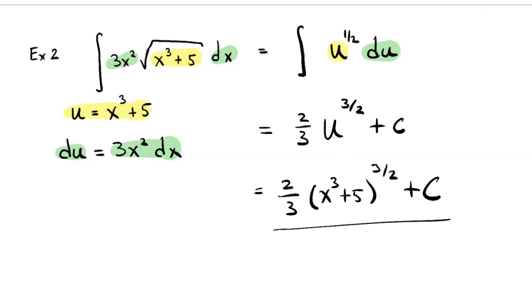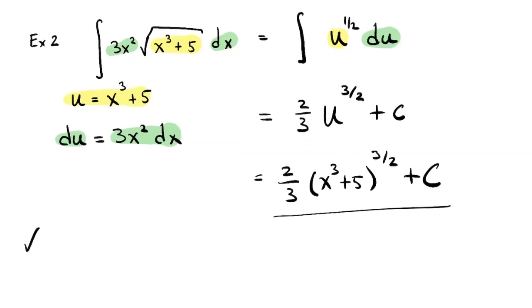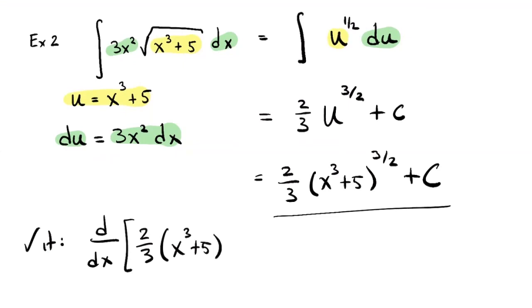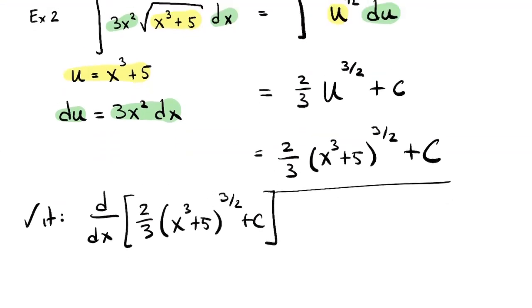Okay, so there's my proposed antiderivative for the original function, and I can always check it. I highly recommend you do this as well. If you take the derivative of 2/3 times x cubed plus 5 to the 3/2, plus any constant, you're going to have to use the chain rule.